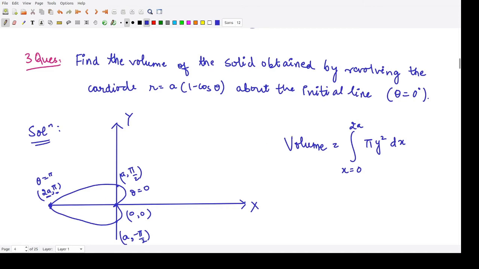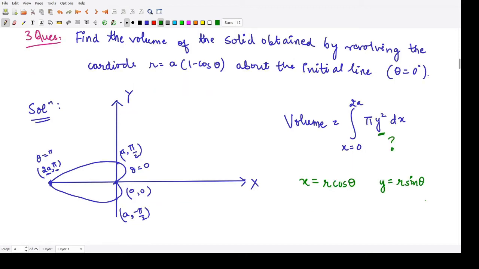But we do not know what this y is. For that, we know the relation between polar and Cartesian coordinates: x is equal to r cos theta and y is equal to r sin theta. We need y and we need dx. Firstly, let me calculate y.